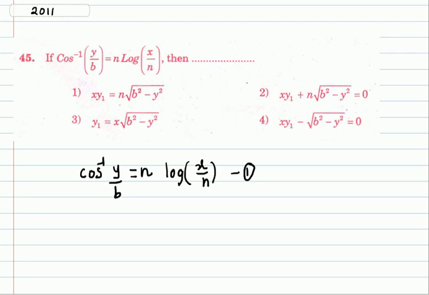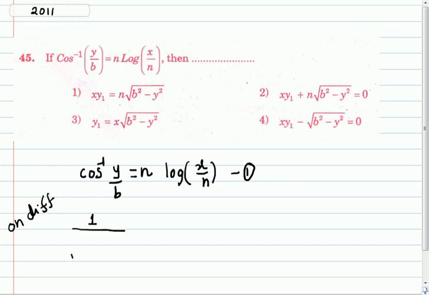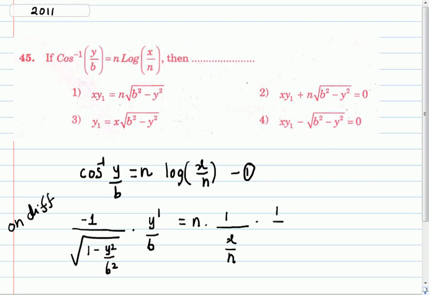So on differentiating with respect to x, we'll be getting minus 1 divided by root of 1 minus y square upon b square into y dash by b is equal to n into 1 divided by x by n into differentiation of x by n is 1 by n.